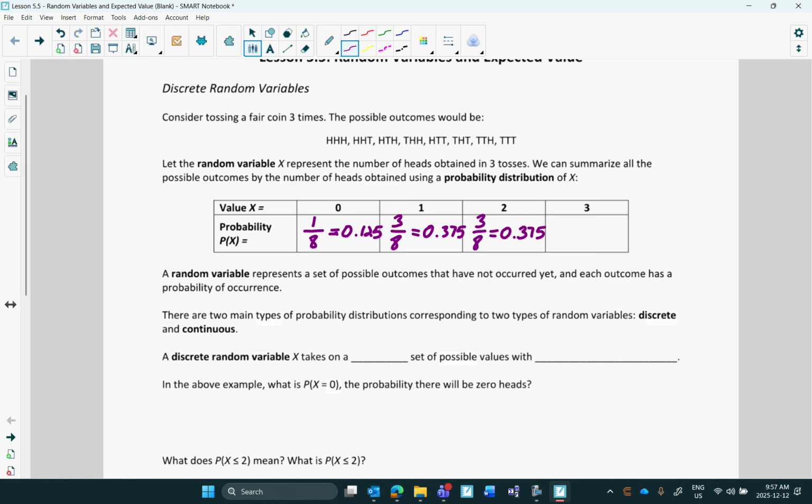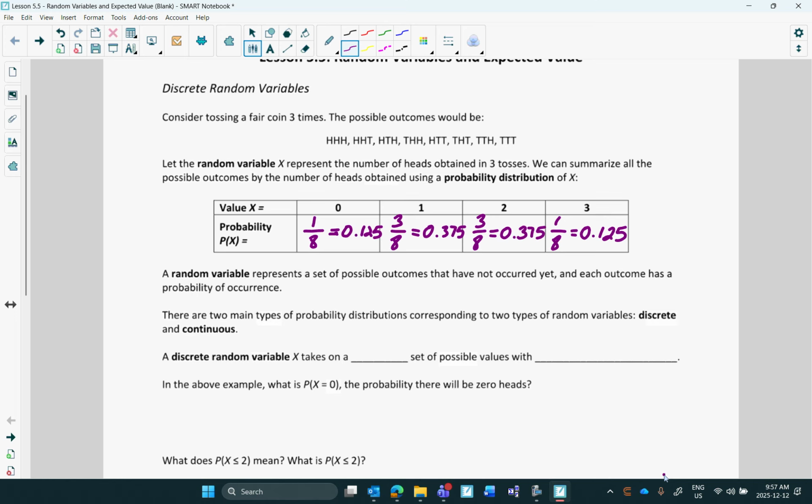And then finally, 1 possible chance out of 8 that we get 3 heads or all heads. So that's our probability distribution. And remember, we talked about it being valid. Yes, it is valid because all the probabilities add up to 1, and each probability is between 0 and 1.